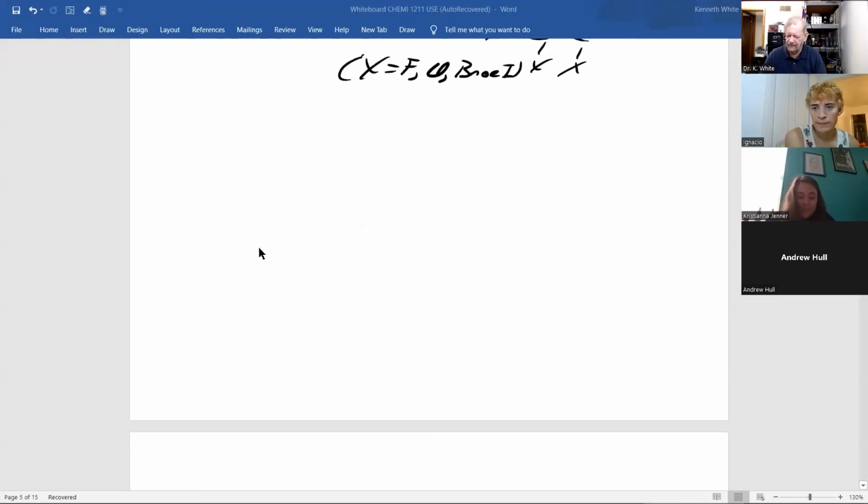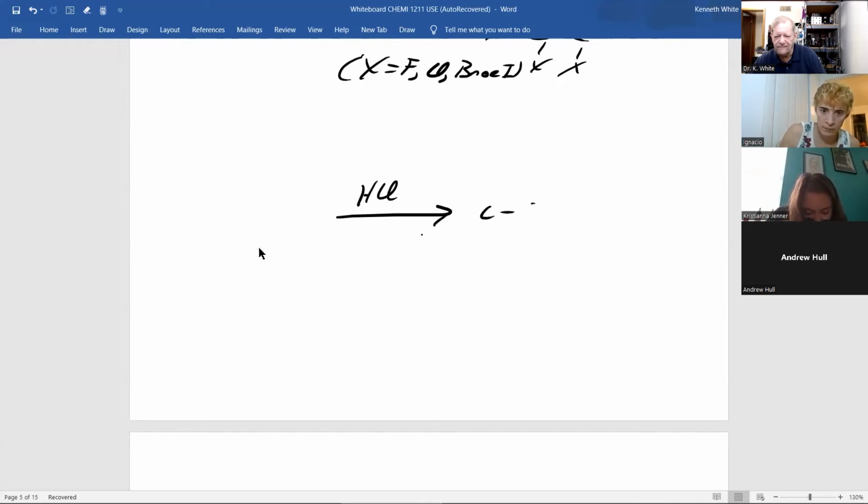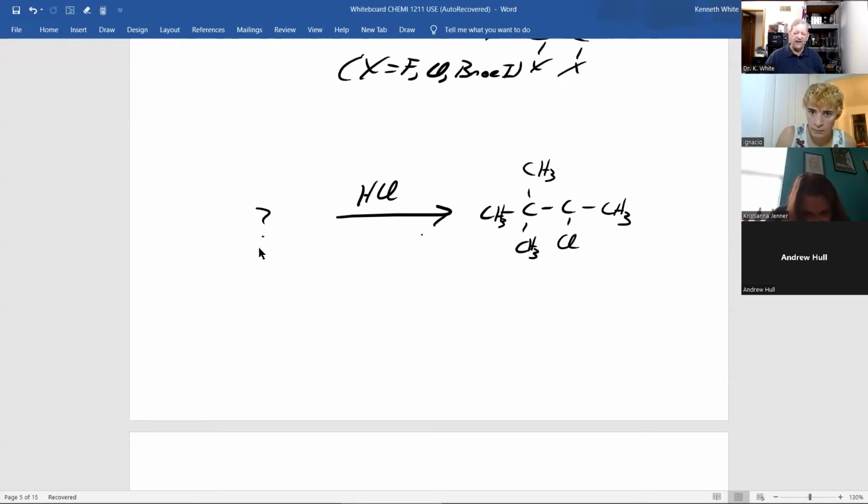These are fun. What would I react with HCl to make that molecule?